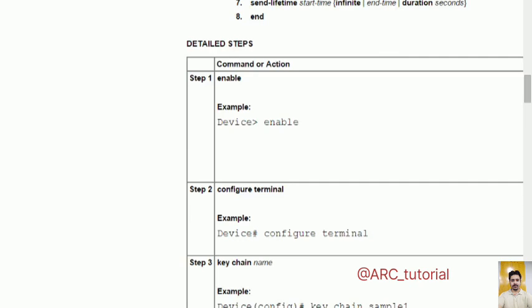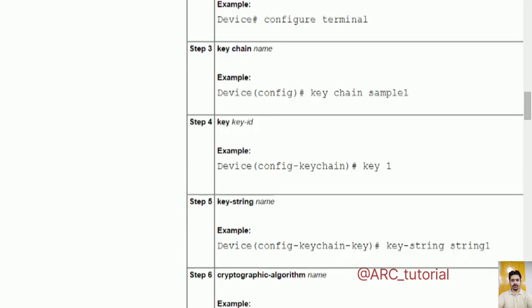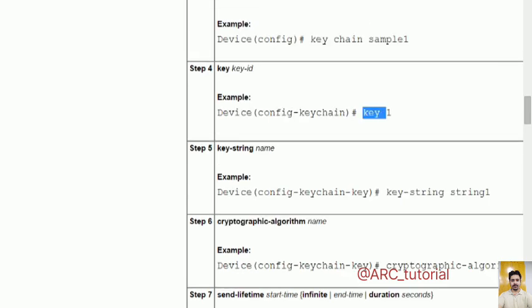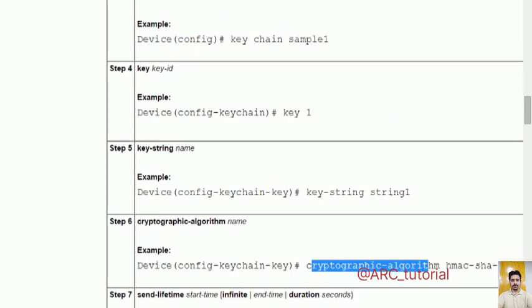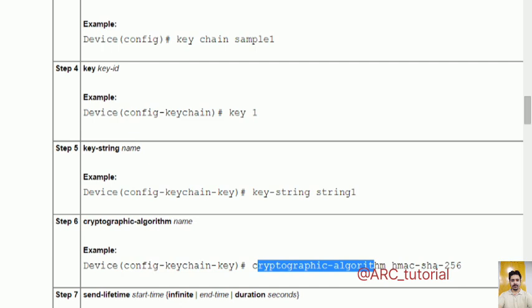See, you just need to configure a keychain. Under the keychain, you have to define your key number, and then you have to define a key string. After defining the key string, you have to define a cryptographic algorithm, and you have multiple cryptographic algorithms available. Make sure that on both ends, the cryptographic algorithm must be the same.